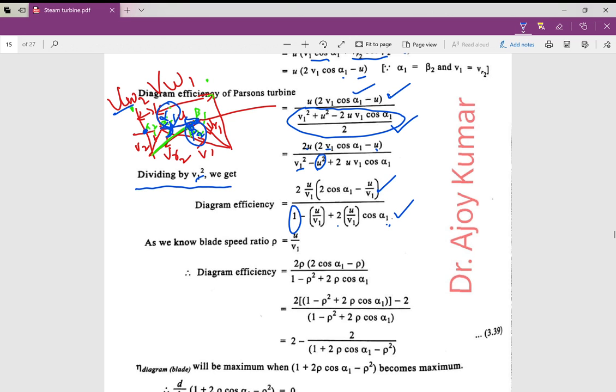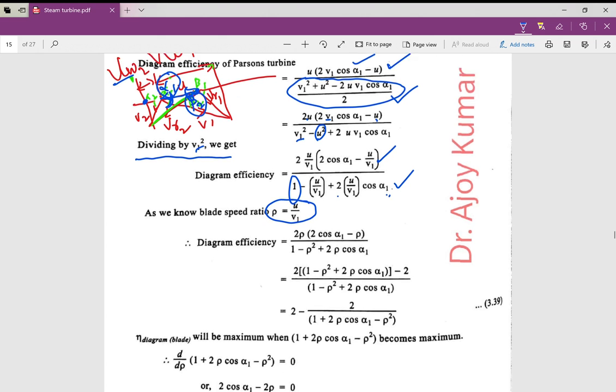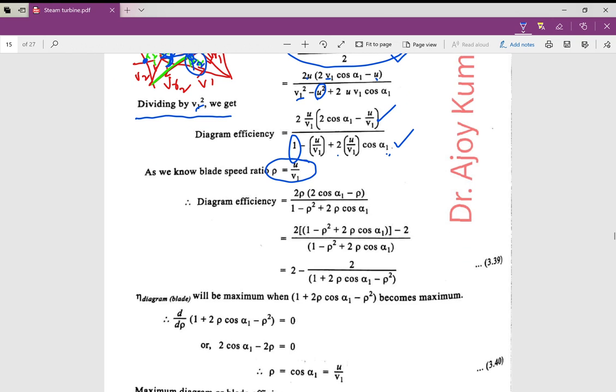So as we know, blade speed ratio is again a very important parameter, like in impulse turbine, that is u upon v1. So let us apply this to diagram efficiency. We will apply rho is equal to u upon v1 everywhere. So 1 minus rho square.